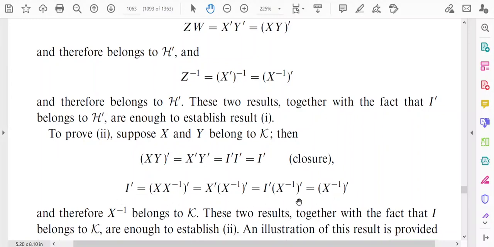So I prime is equal to (X inverse) prime. Therefore the inverse of X belongs to K. So this result indicates that the inverse of the element also belongs to the kernel. The product of the elements also belongs to the kernel, and the inverse of the element also belongs to the kernel K.